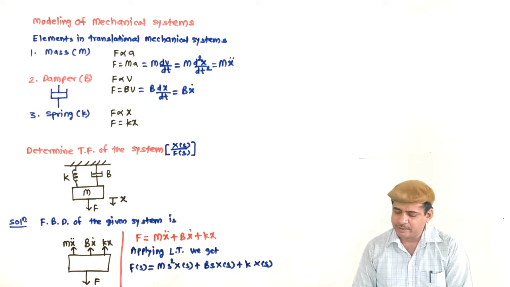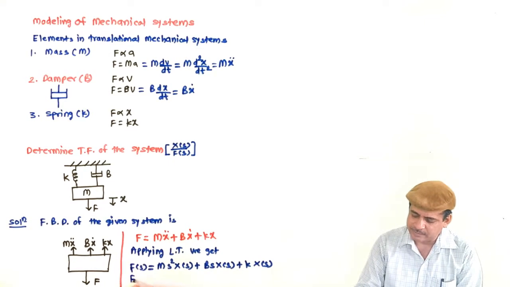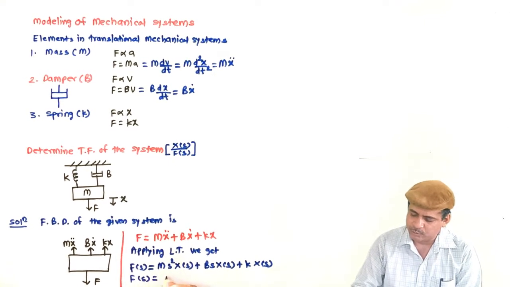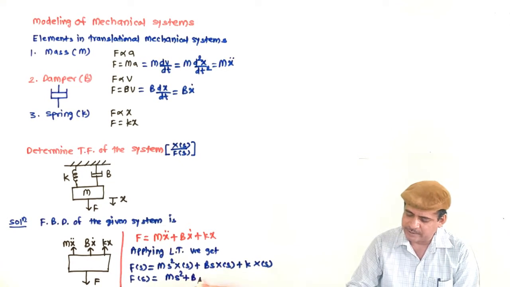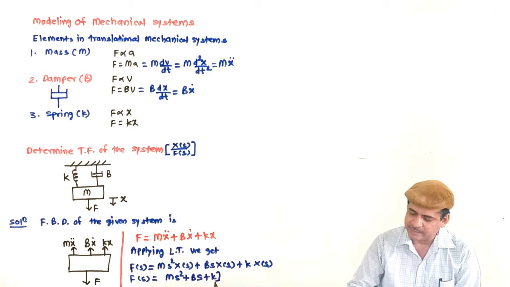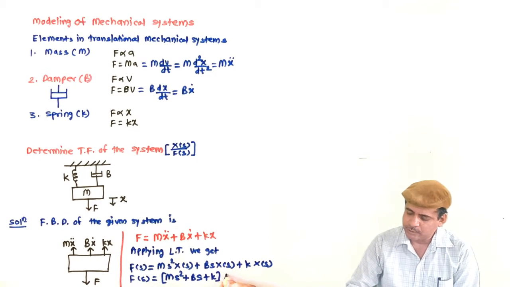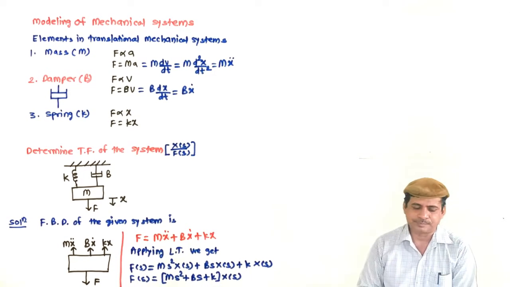And what does it give me? That f of s is equal to ms square plus bs plus k into x of s.